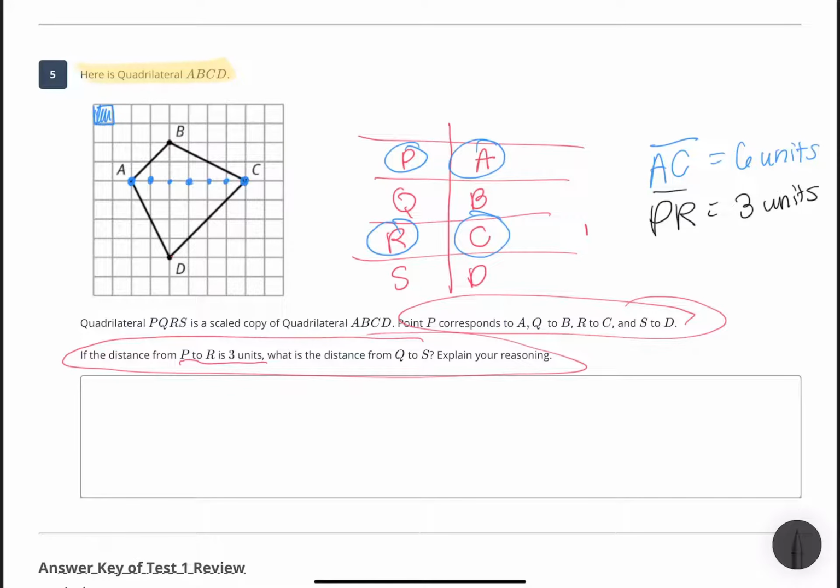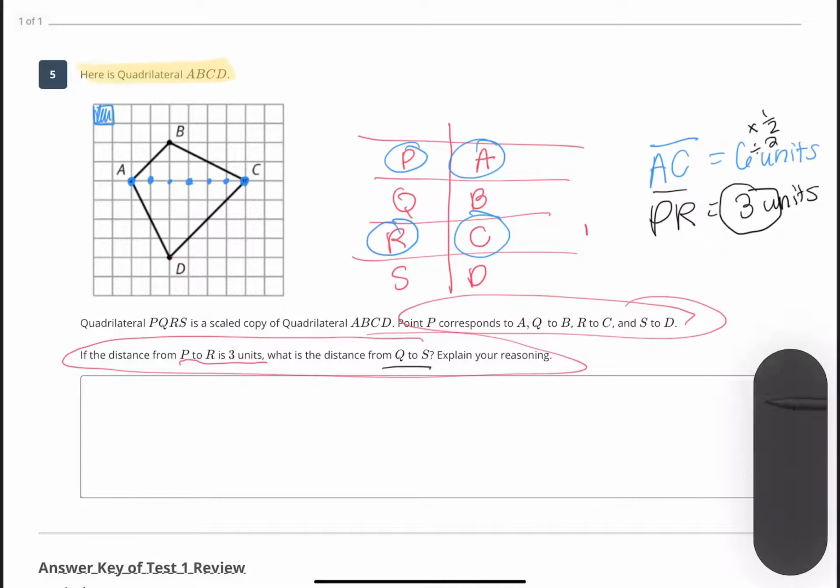So if they're scale copies, what was 6 multiplied by in order to make PR smaller? Or you could think, what was 6 divided by? If you guessed that 6 was divided by 2 or multiplied by 1/2 to get to 3 units, you are absolutely correct. Now it wants me to find the distance between Q and S.